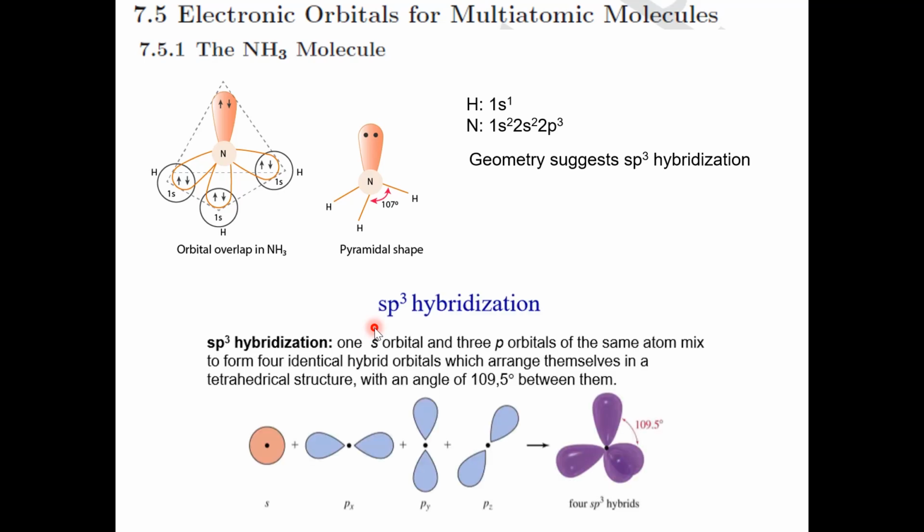As a reminder of what sp3 hybridization is, I can make a linear combination of s and different types of p orbitals, consider the 3 px, py, and pz orbitals, and I can start from these 4 different orbitals and make linear combinations of them and construct another set of 4 orbitals that we called sp3 orbitals, sp3 hybrids.